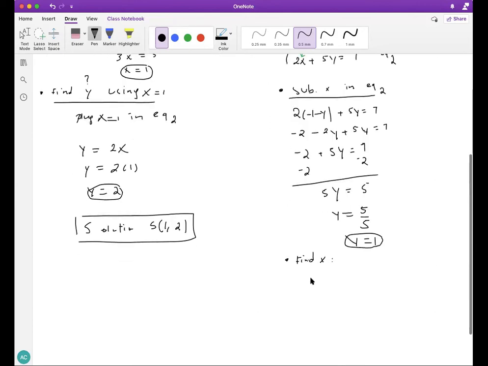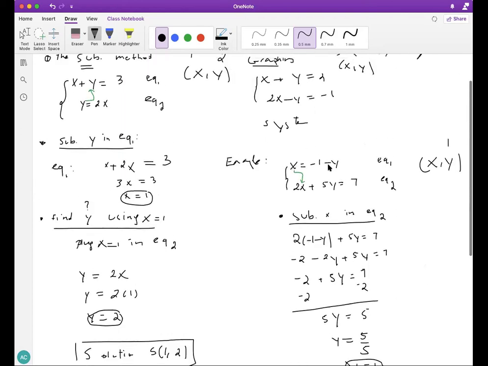So to find x, plug y equals 1 into equation 1 this time. It's more convenient. You could use the other one as well, but this one already has x by itself. You don't want to use the other one because you would have to eliminate this and then eliminate 2.